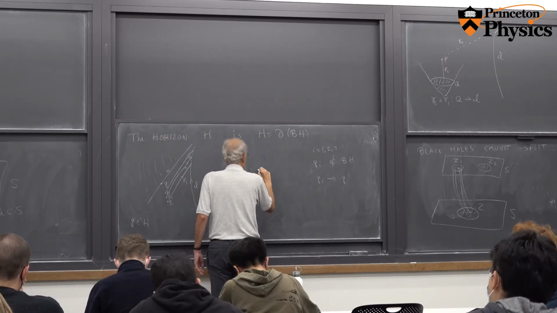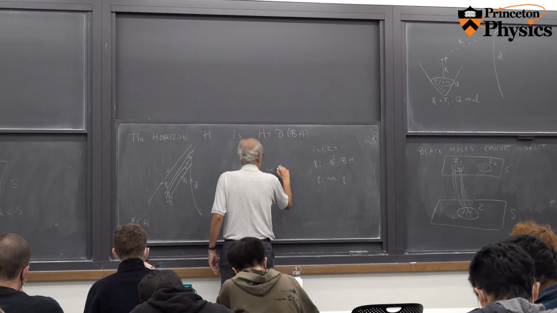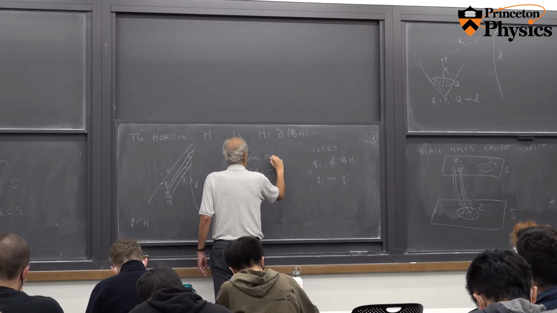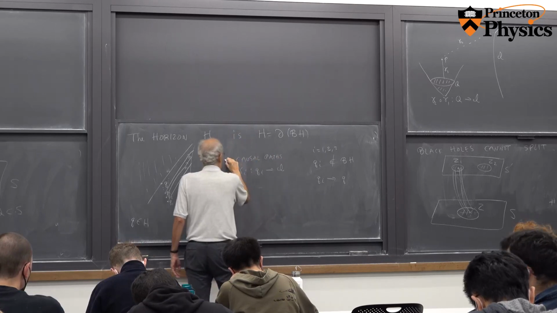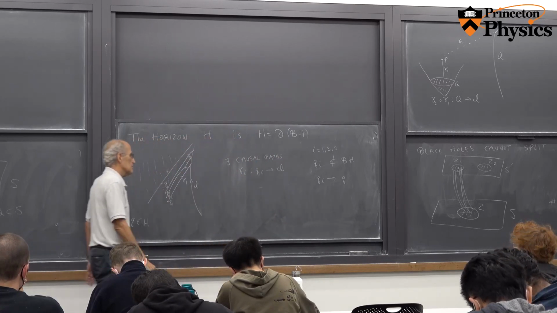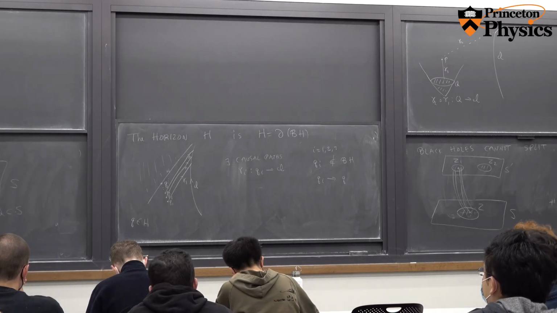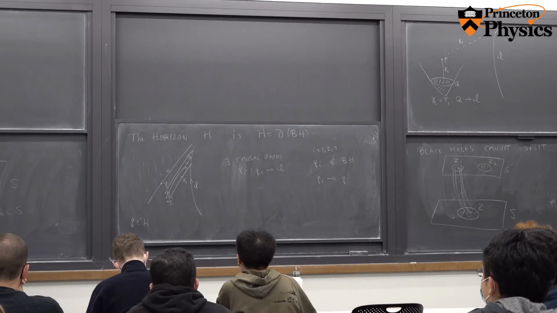So we have causal paths from Qi to I. We're in a globally hyperbolic space-time, so this sequence has a convergent subsequence.